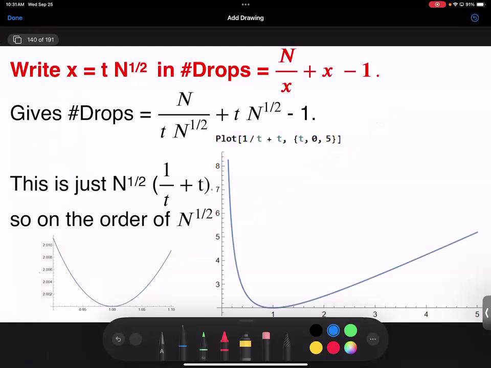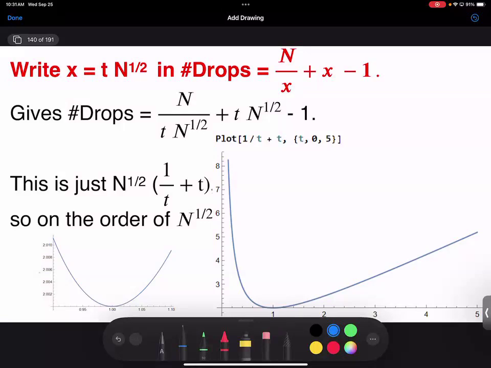And if we put that into our function, notice now that the two terms have an n to the 1/2 that we can pull out. And it's now just n to the 1/2 times the quantity 1 over t plus t. And by doing it like this, we've now pulled out the dependence on the number of floors, and now we just have a universal function to minimize, 1 over t plus t.